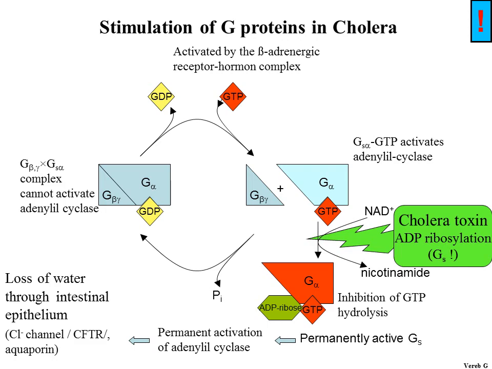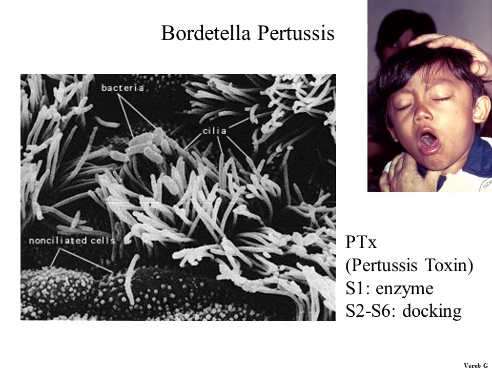I also would like to show you a very similar disease, which is whooping cough, or pertussis in the Latin name, and it's caused by the bacterium Bordetella pertussis. It's a very similar mechanism that works here.